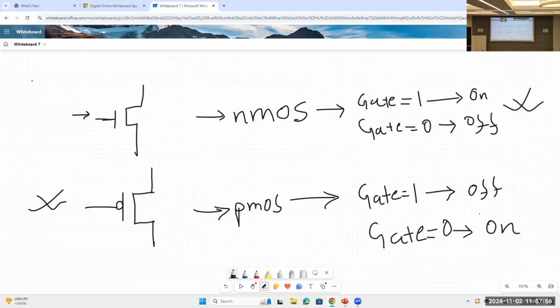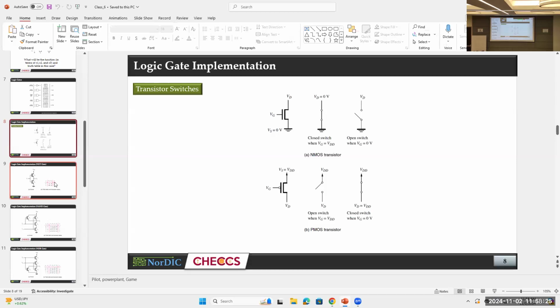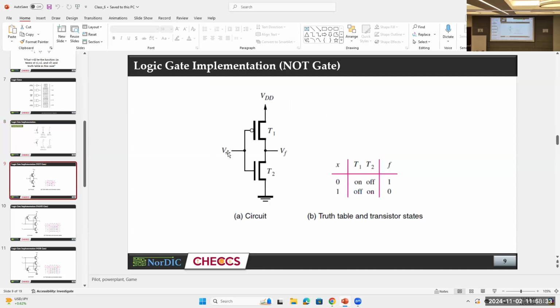So for NMOS, if the gate is 1, I mean logical 1, then the device is on and connected, and if the gate is equal to 0, the device is off. Keeping this in mind, this is what is written in the slide for PMOS.